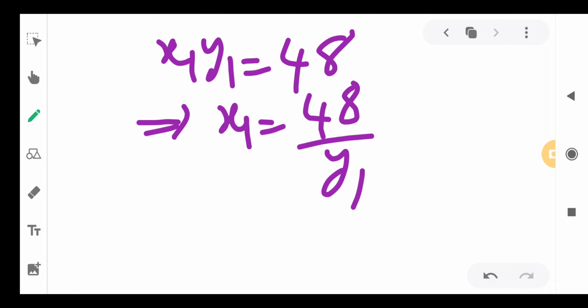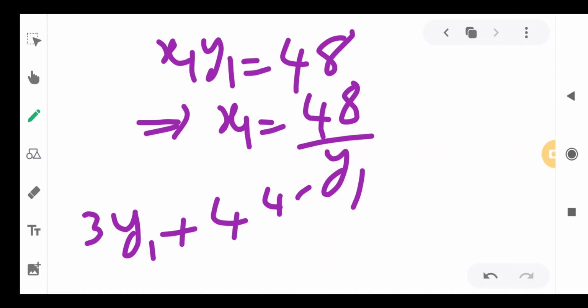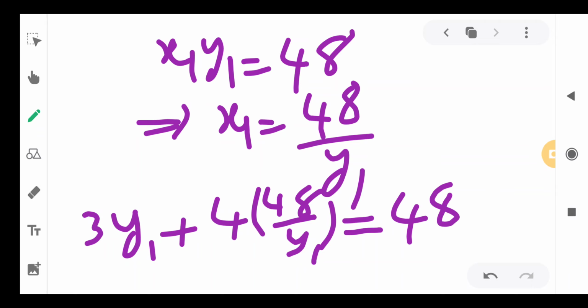Therefore that will become 3y1 plus 4x1, plus 4 into 48 by y1, is equal to x1 y1, which is 48 only. Put 48, right?